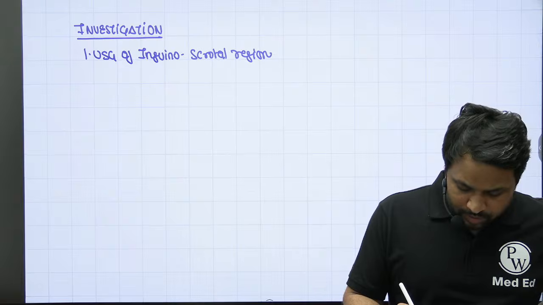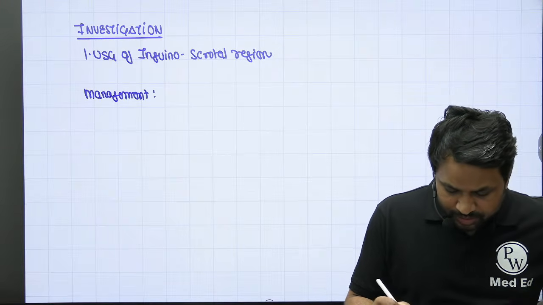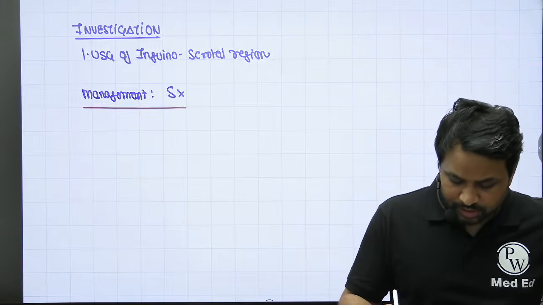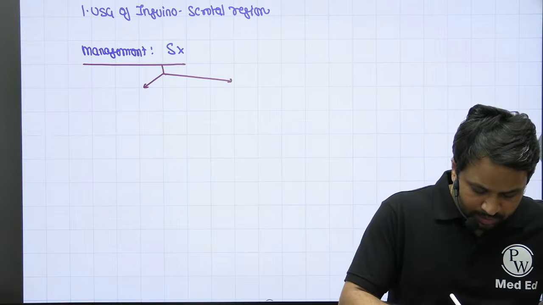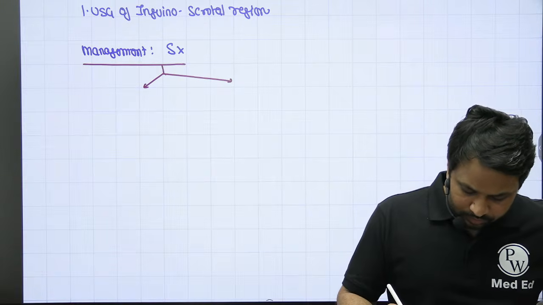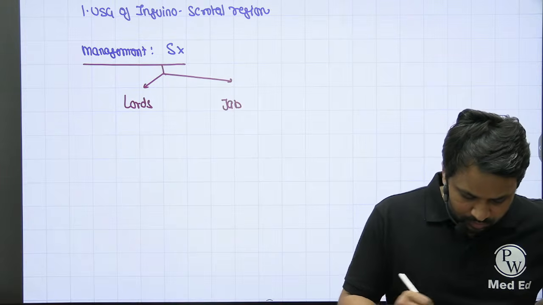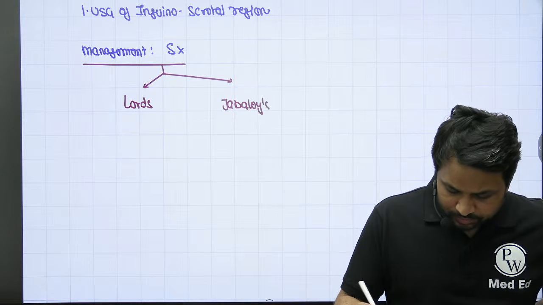How would you like to manage? The management is going to be surgery, and there are two surgeries that you have to remember for hydrocele. One is Lord's procedure, another one is Jaboulay's procedure.